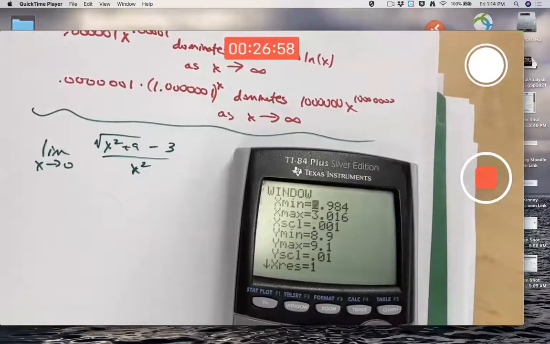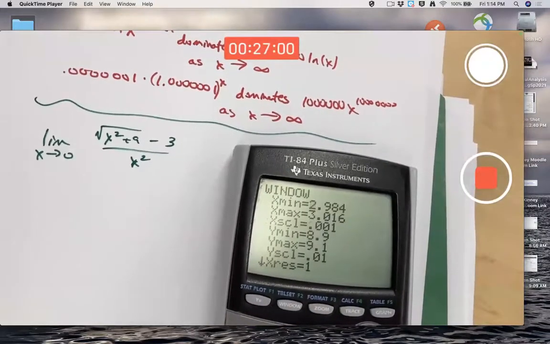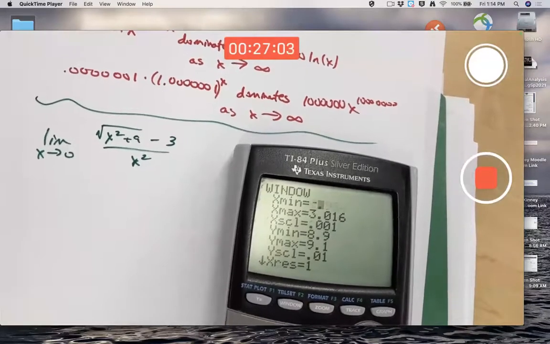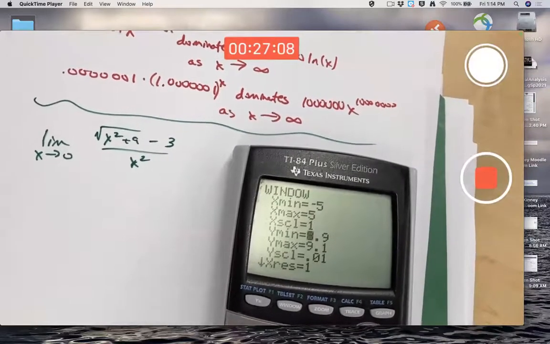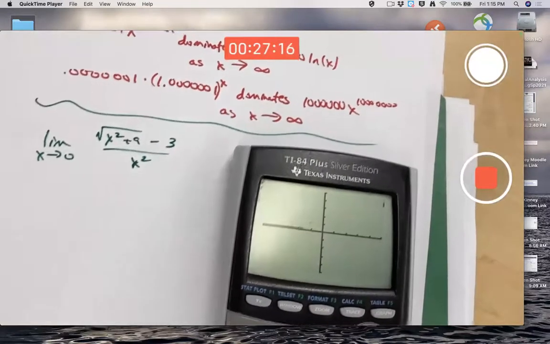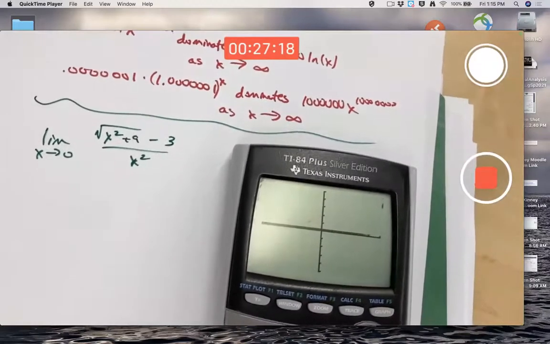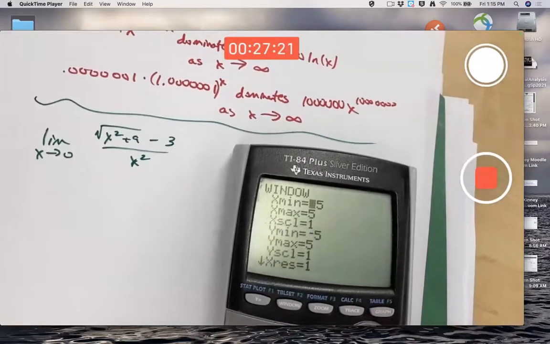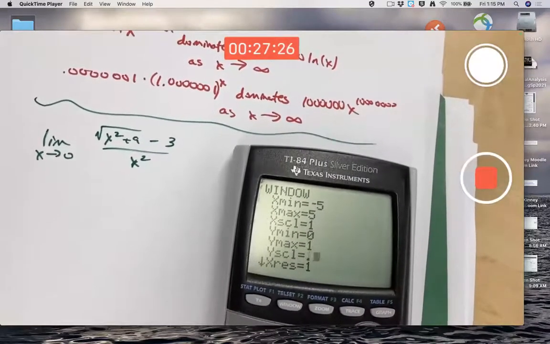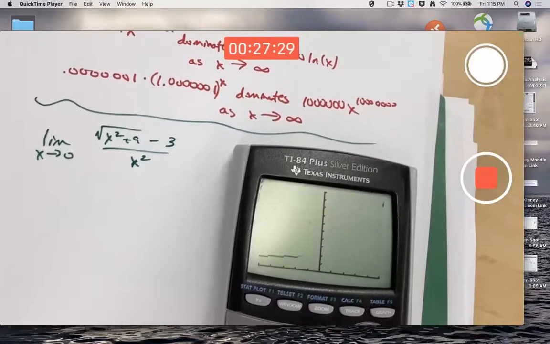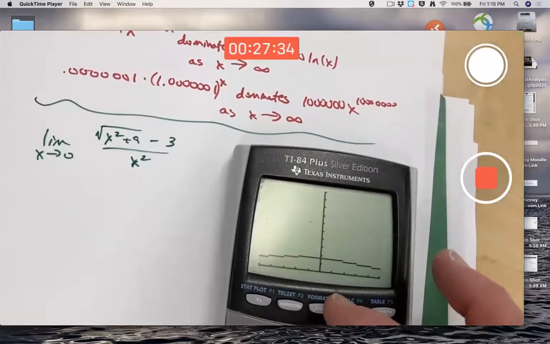Pick a window near 0. We'll try initially -5 to 5 in both directions. It's pretty close to 0. I guess I better zoom in the y direction. Let's just go from 0 to 1. It's not a horizontal line. It does change. Let's zoom in a bit closer in the y direction.